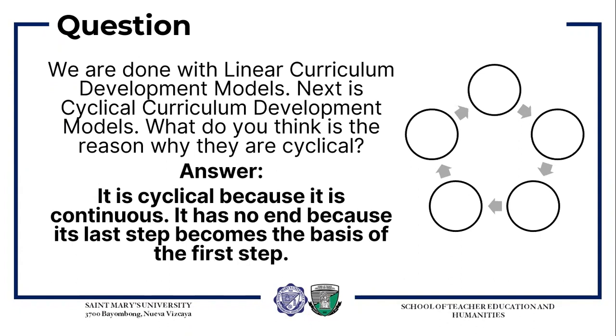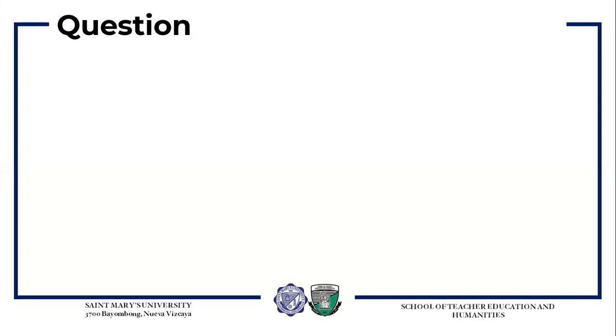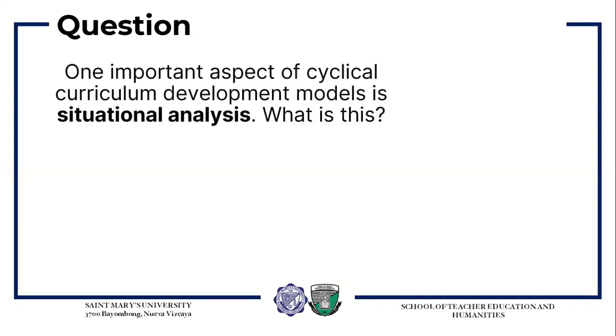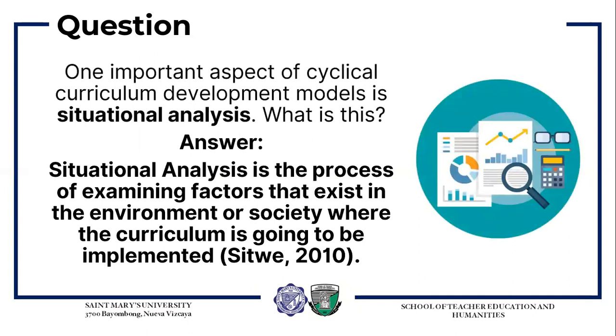Another question that we addressed last time is, one important aspect of cyclical curriculum development models is situational analysis. Now, what is situational analysis? The answer is, situational analysis is the process of examining factors that exist in the environment or society where the curriculum is going to be implemented.